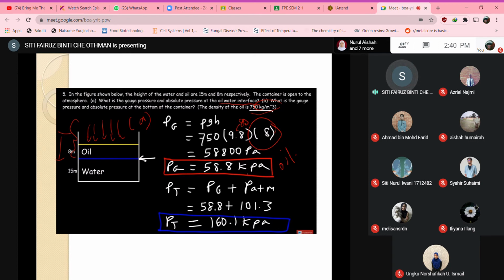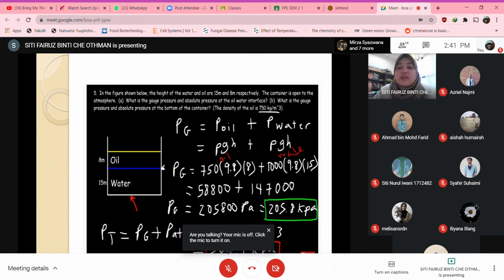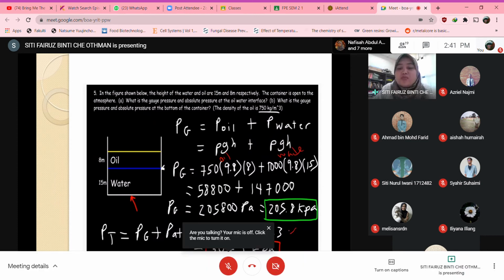So that's why you get this. You add atmospheric pressure. This is the pressure for this part only. Because the second one, we will actually solve for the bottom of the container. So for the bottom of the container, you have to calculate the pressure for oil, for water, and then finally you get the total, because it's an open tank.